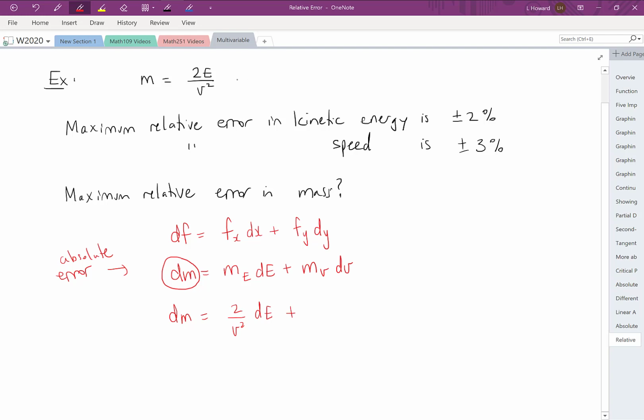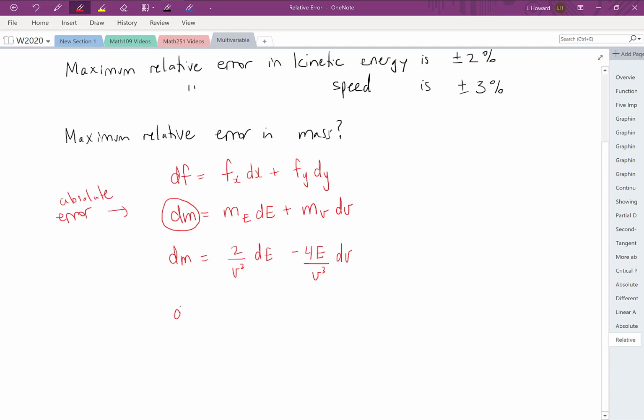You could think of this m here as 2E v to the negative 2. So then taking the partial with respect to v, that's going to be minus 4E v to the negative 3, so I'm going to write that over v cubed times dv.